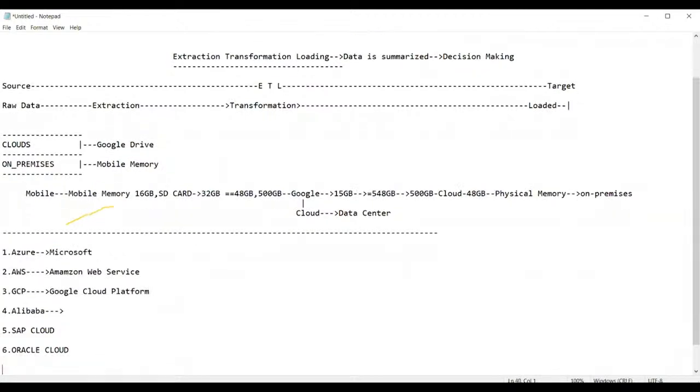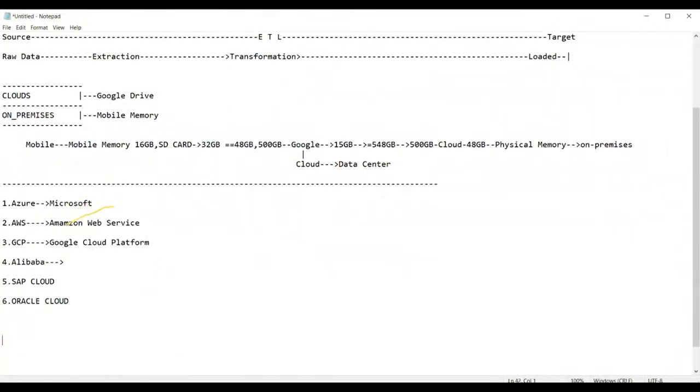So now, guys, these cloud services are basically classified or divided into three categories. What are they? The first one is IaaS. IaaS stands for Infrastructure as a Service.